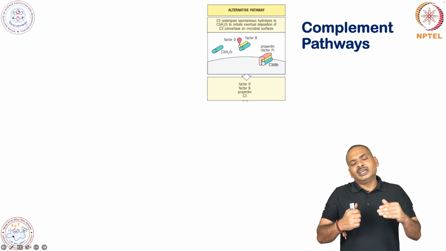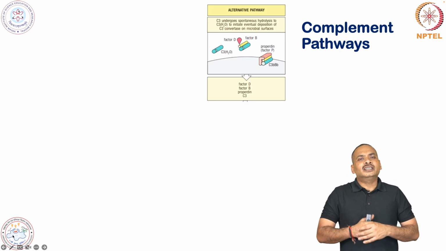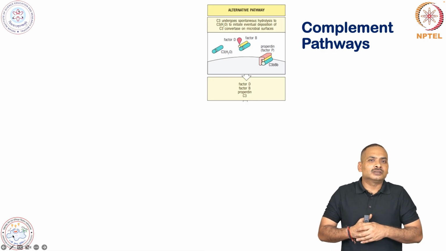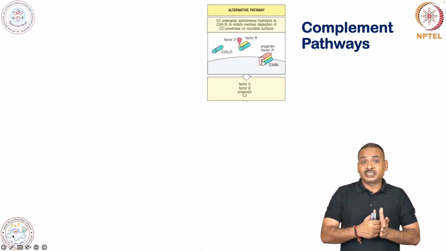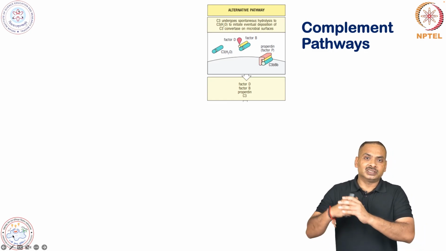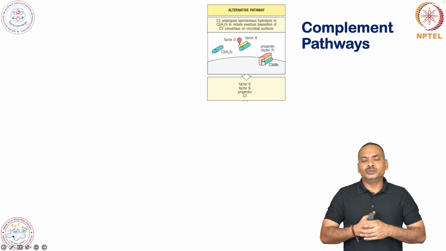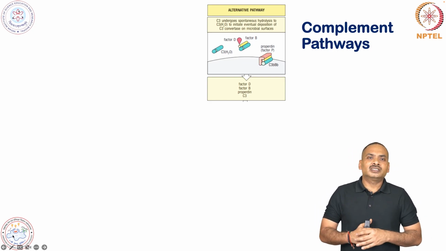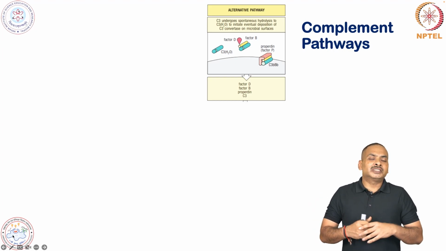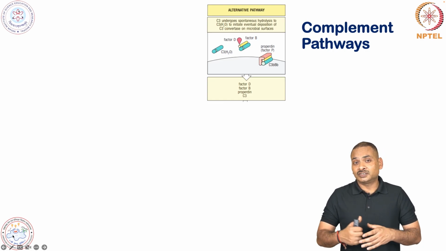So what is basically happening is that when there is a microbial infection, there are some factors on the microbes which are a distinguishing feature between our own cells and microbial cells. I will discuss this when I take up the alternative pathway, but remember that these distinguishing features allow the initiation of hydrolysis of C3.